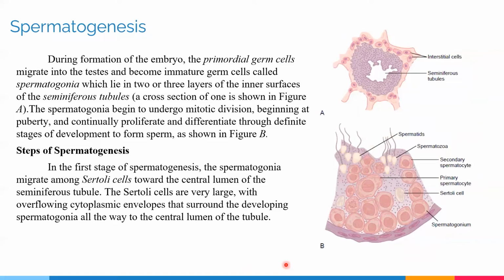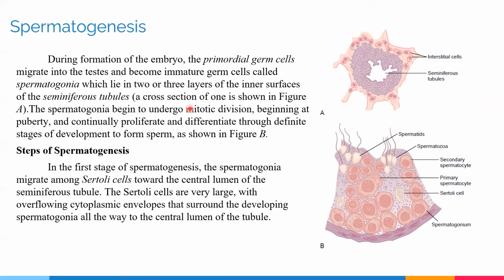Next, let us look in detail at the process of sperm formation or spermatogenesis. During the formation of the embryo, the primordial germ cells migrate into the testes and become immature germ cells called spermatogonia, which lie in 2 or 3 layers of the inner surfaces of the seminiferous tubules.